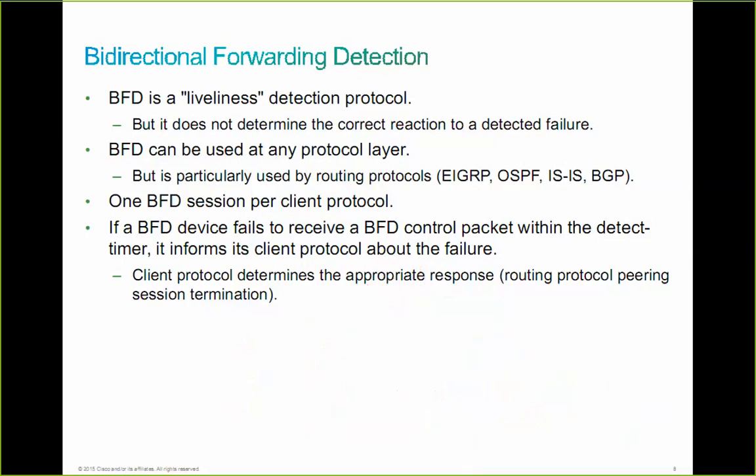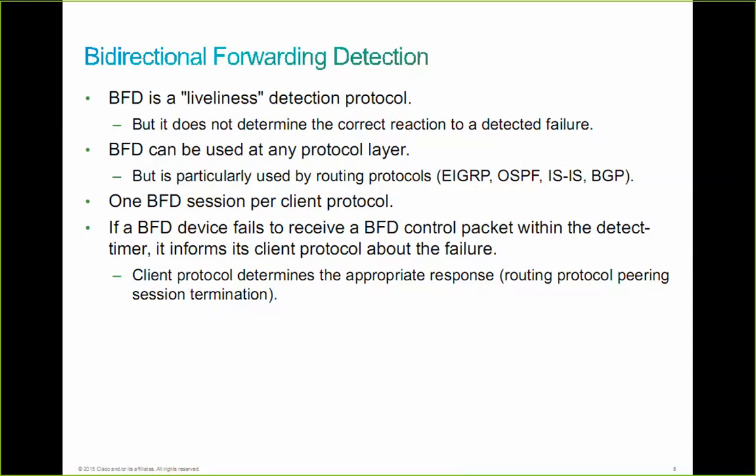So BFD, bidirectional forwarding detection, provides fast failure detection times for all encapsulation types, all media types, all topologies, and it decreases that failure detection time from possibly 15 seconds, even 60 seconds in some cases if they're really slow speed serial links, to around 50 milliseconds.